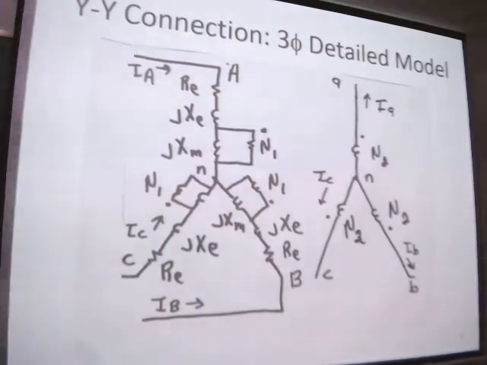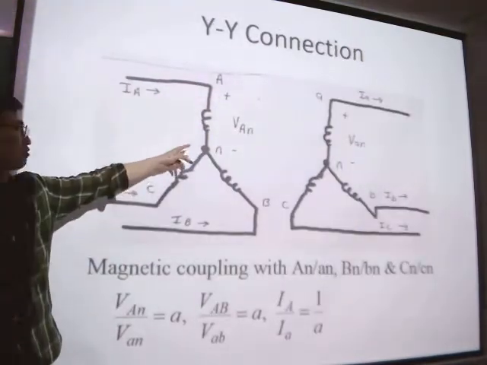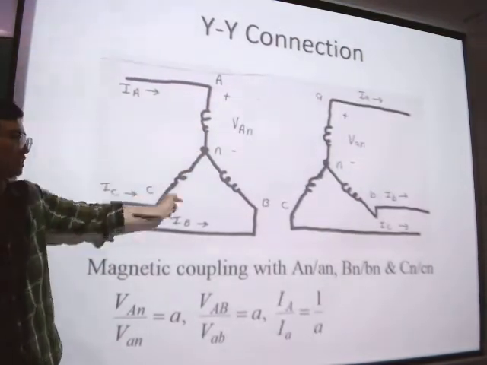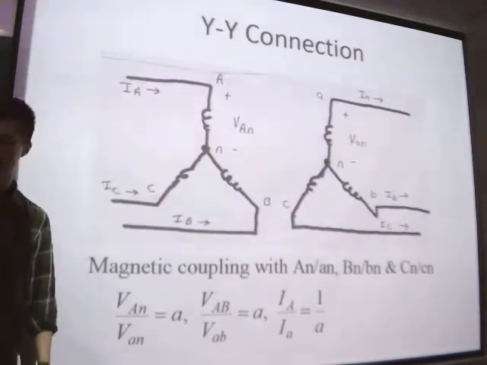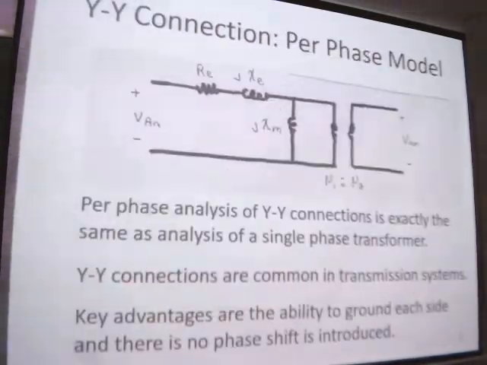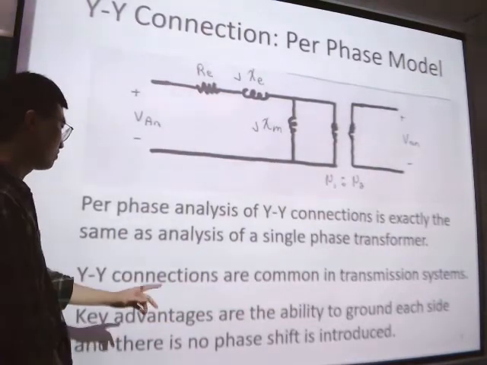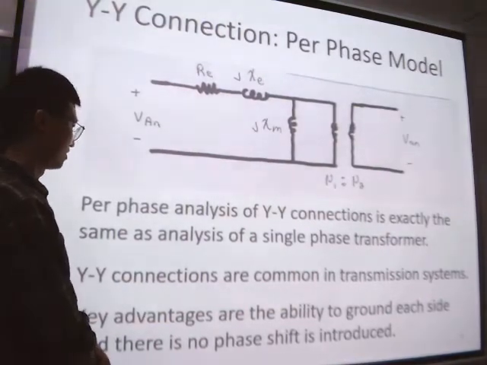Once the neutral point is grounded, each phase can be grounded, so it is much easier, and there will be no phase shift.